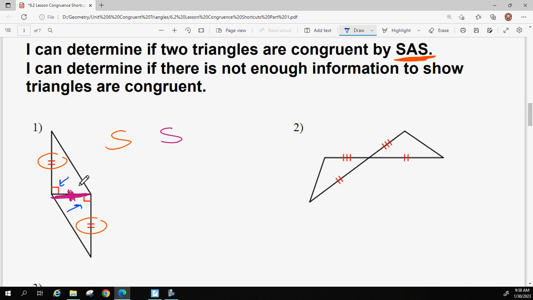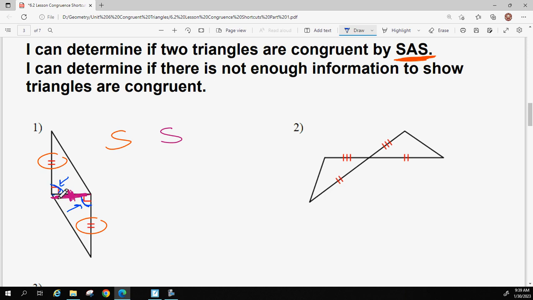And so what I need to figure out is, is this angle between the two sides that I have marked up in both triangles? And so asking that another way, is the angle I'm using made by the two sides I'm using in each triangle? And in both triangles, this angle and this angle are being made by the two sides.